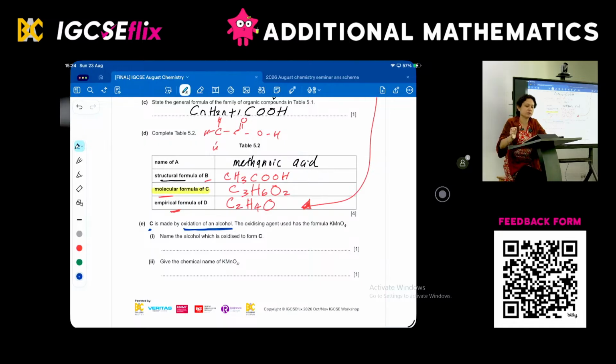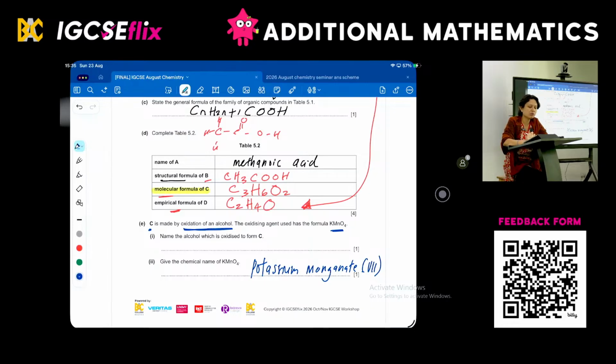Butanol becomes butanoic acid. The oxidizing agent is KMnO4. Give the chemical name. Potassium manganate(VII). You don't write 7, no marks. Do you need to write acidified? No. It's just the name. Okay.